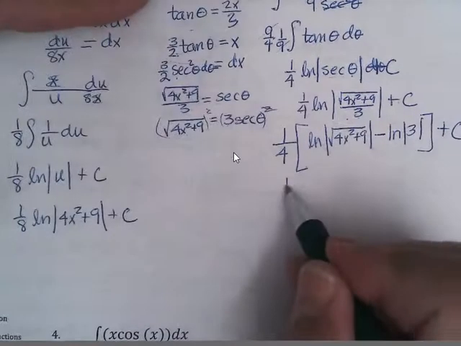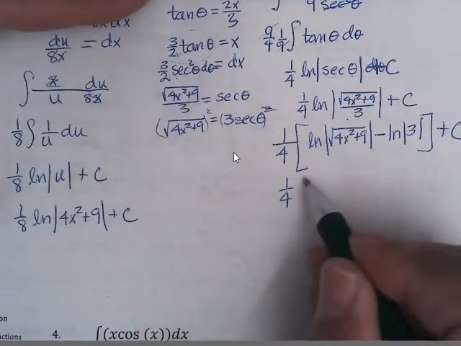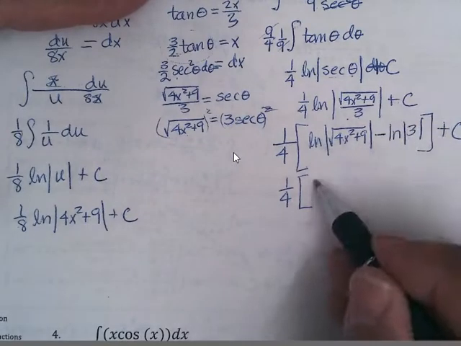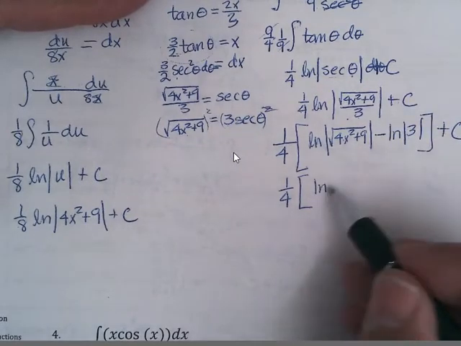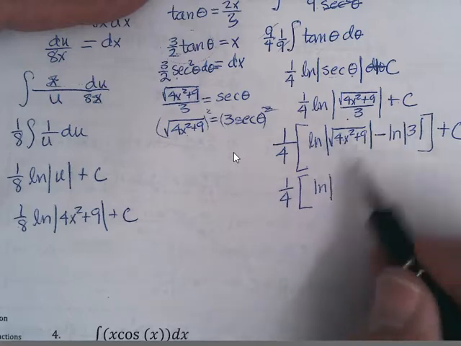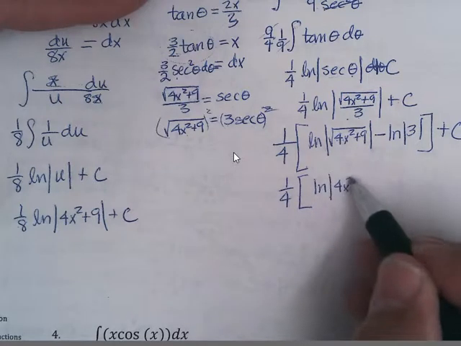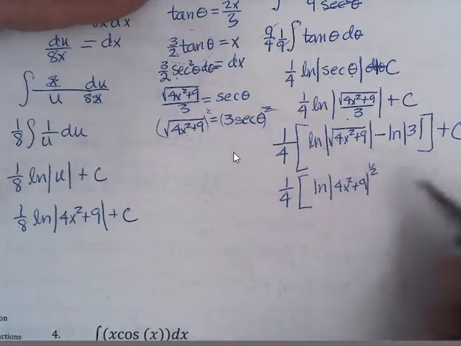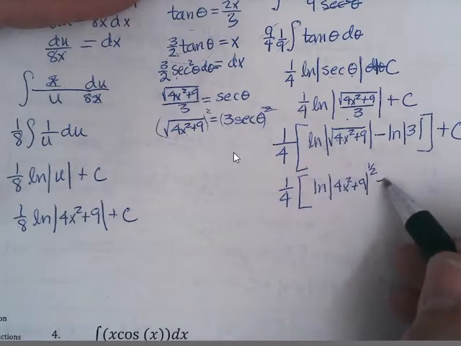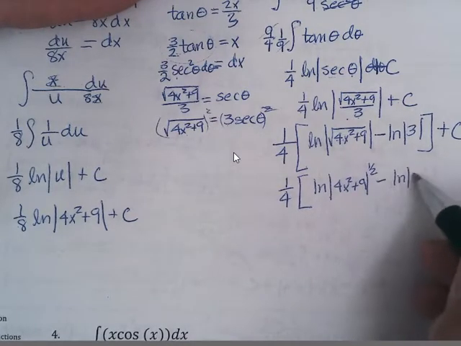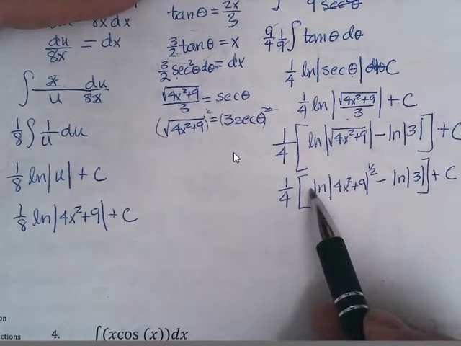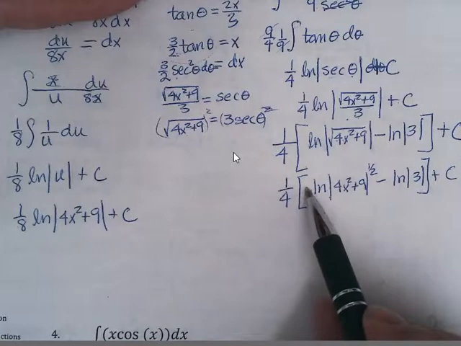And then we'd have 1/4, and this is ln of, and this would be to the 1/2 power, 4x squared plus 9 to the 1/2 power, and the half power would come down in front, according to another log rule.